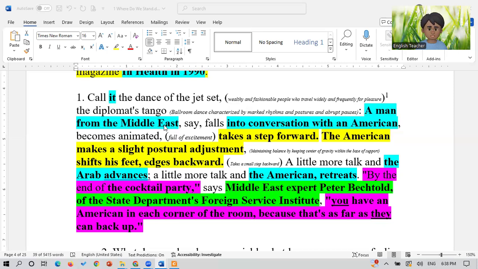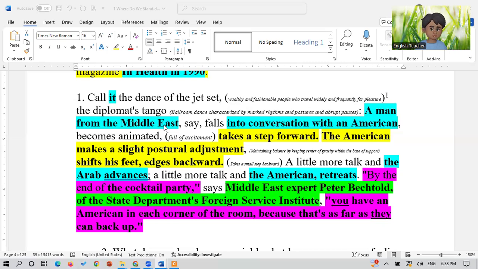So Lisa Davis, in this opening paragraph, is showing the misunderstanding between the Middle Eastern and the American, and pointing out that people from two cultures may often have misunderstanding due to their failure to understand how they use space in public spaces. And to support her idea, Lisa Davis brings a quotation from Peter Bechtold.